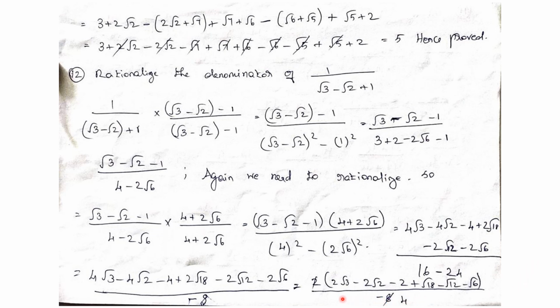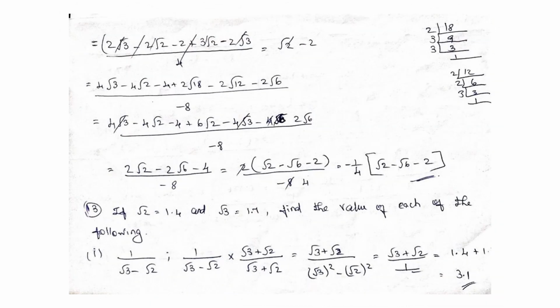Then you will get the answer like this: 2 root 3 minus 2 root 2 minus 2 plus root 18 minus root 12 minus root 6. If we further simplify that one, we'll get the answer minus 1 by 4 root 2 minus root 6 minus 2.